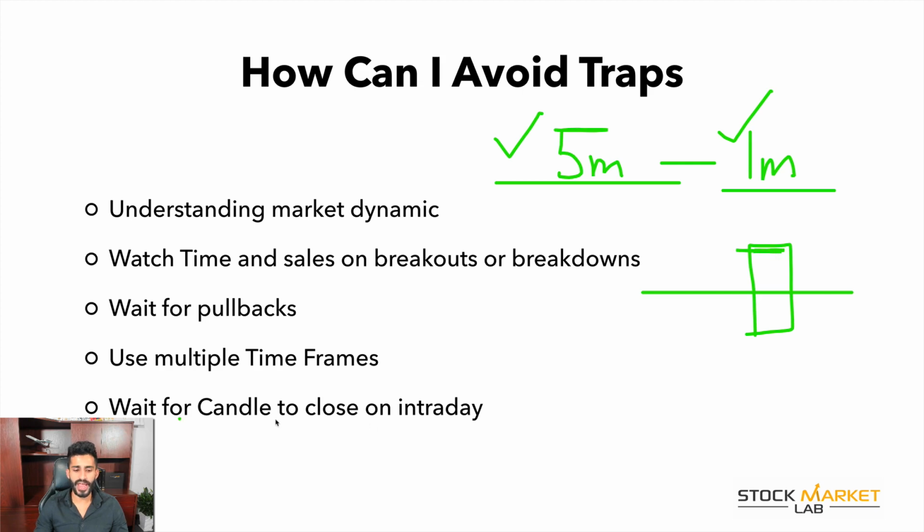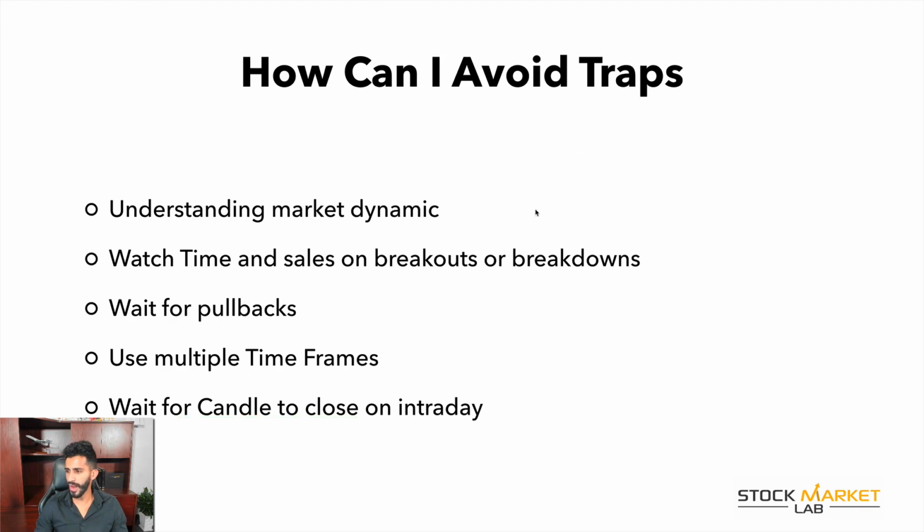I want the candle to close above that level. I don't want to just see the candle being above that level for 10 seconds, 20 seconds. No, I want to see the candle close. That itself is going to give me a high confirmation on the trade. So now let's jump over to our chart and let me show you some examples and let's break that down.